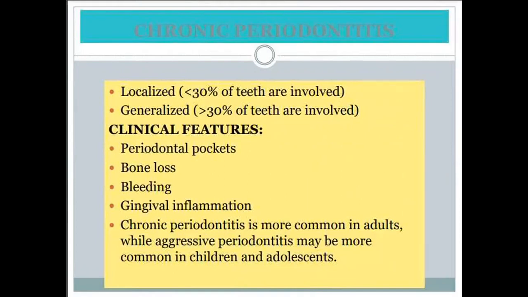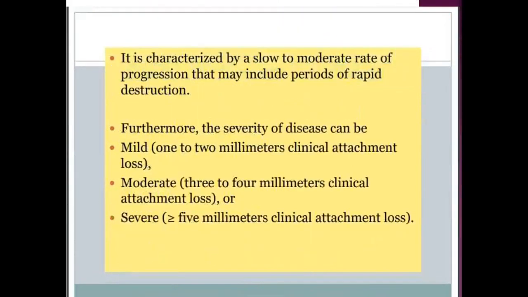The clinical features generally include presence of periodontal pockets, bone loss, bleeding, gingival inflammation, etc. It is characterized by a slow to moderate rate of progression. Furthermore, the severity of disease could be either mild, moderate, or severe, that is, referring to more than or equal to 5 millimeters of clinical attachment loss.